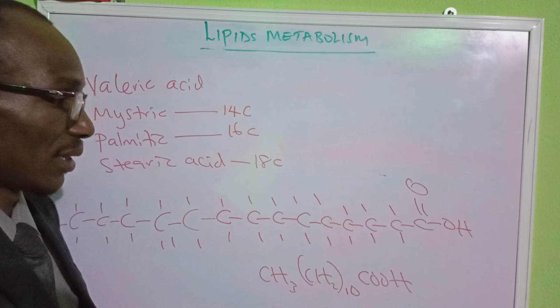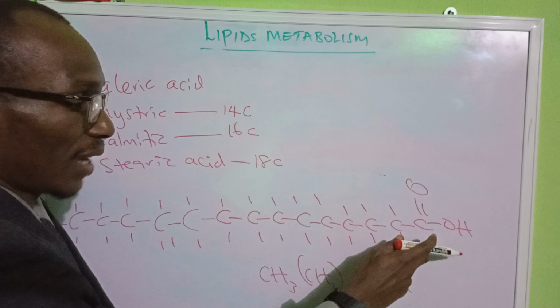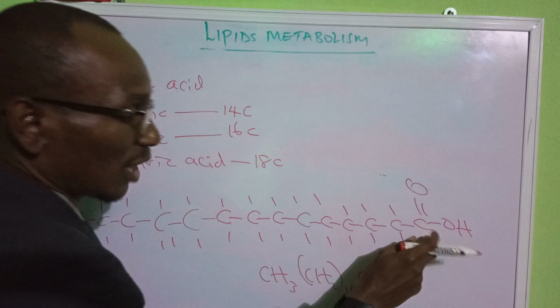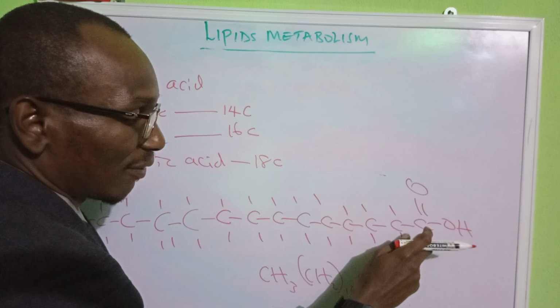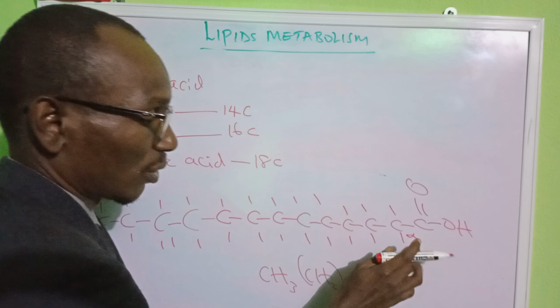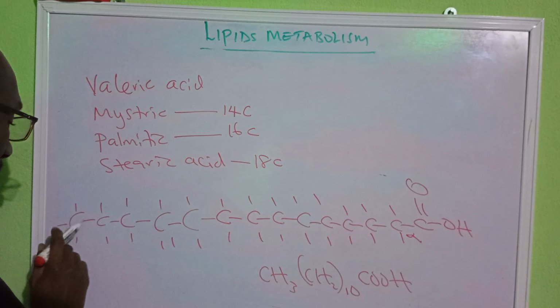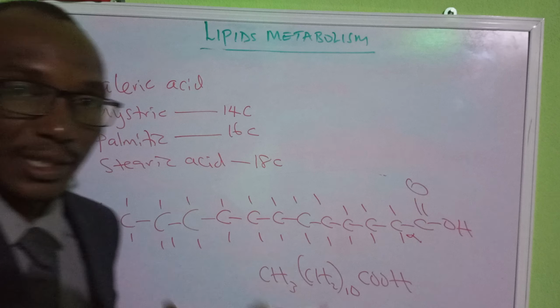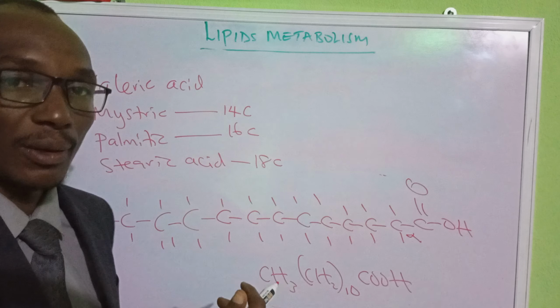This is myristic acid. This is the functional group of the acid, the carboxylic group, and then this is the methyl group. So the first carbon immediately after the functional group is called the alpha carbon. This is the alpha carbon. And then this is the omega carbon. So fatty acid consists of the alpha carbon and the omega carbon.